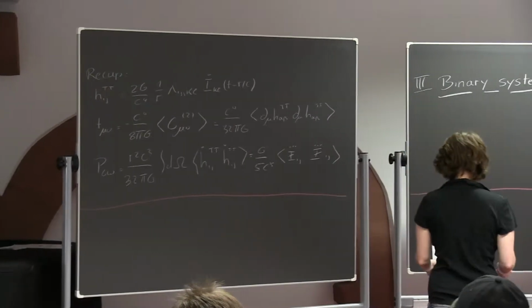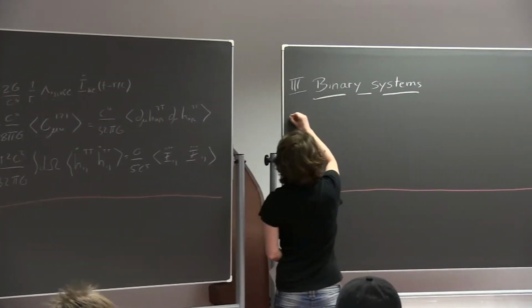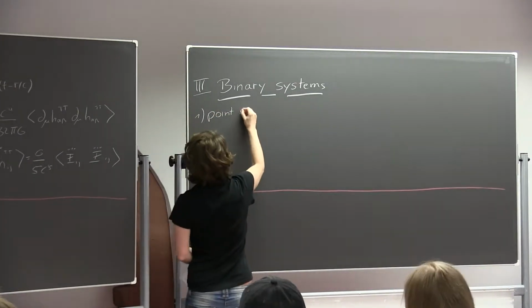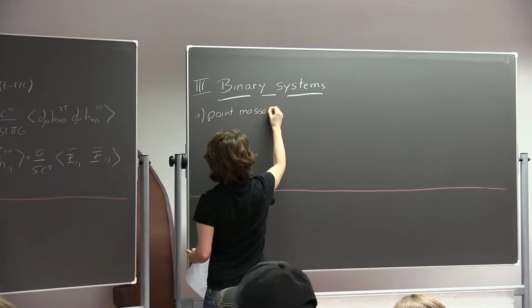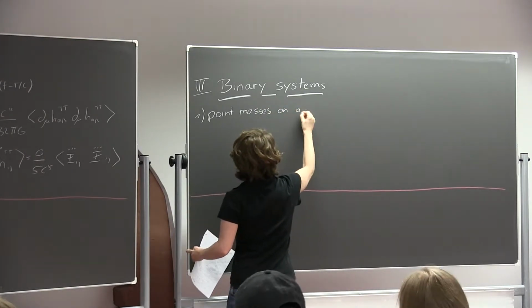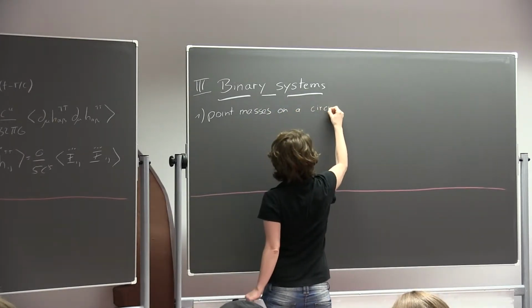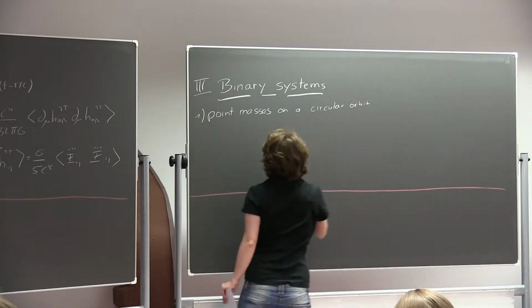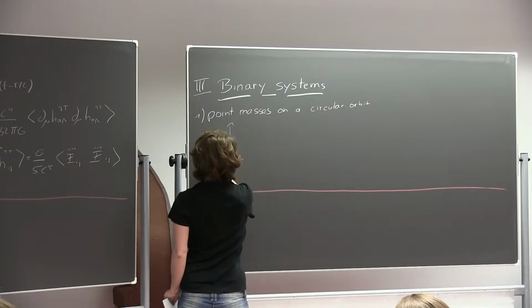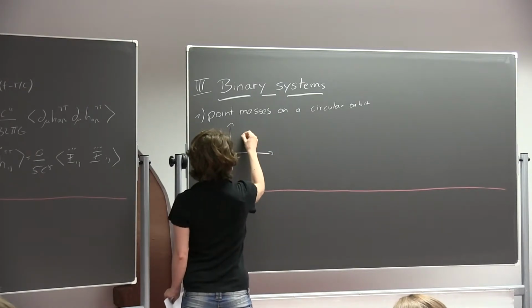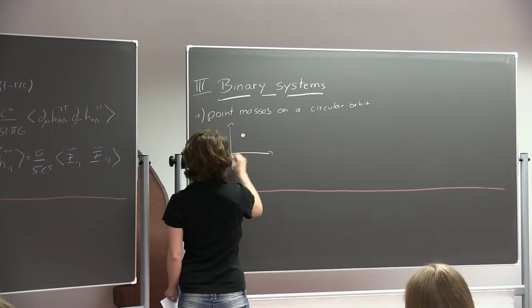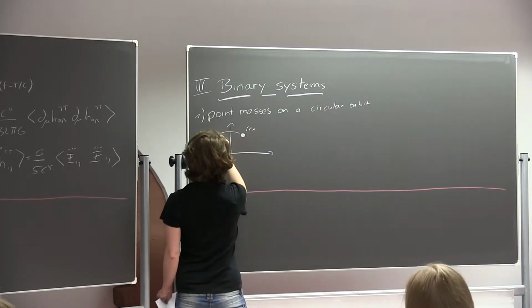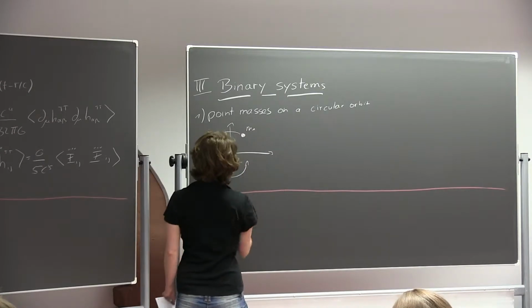So the system we'll be looking at is point masses on a circular orbit. We have two masses, M1 and M2, which are flying around in a circle.